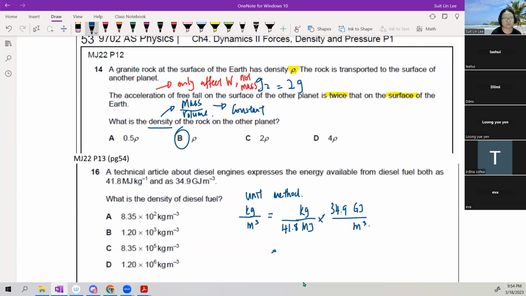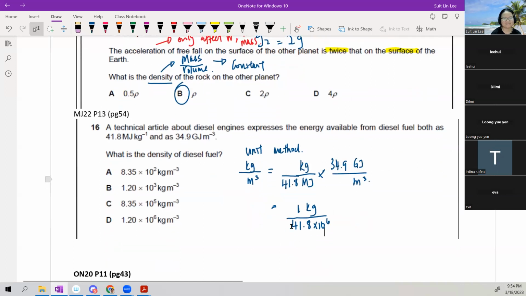And, for 1 kg, the amount of energy I have is 41.8 megajoule. And for 1 meter cube, the amount of energy I have is 34.9 gigajoule. Skip the joule here.